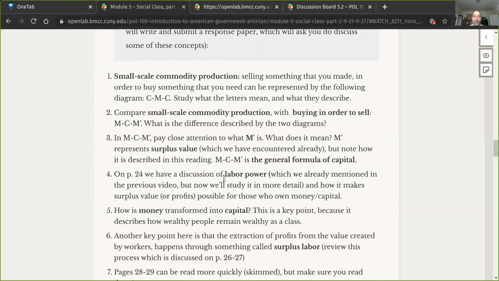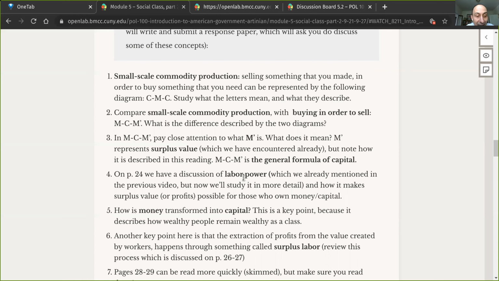You'll see our old friend labor power again. And here it's important because on page 24, we have a description of how labor value is the key thing that makes profits possible. So those who own a business or wealth cannot increase their wealth without the use of somebody else's labor power.